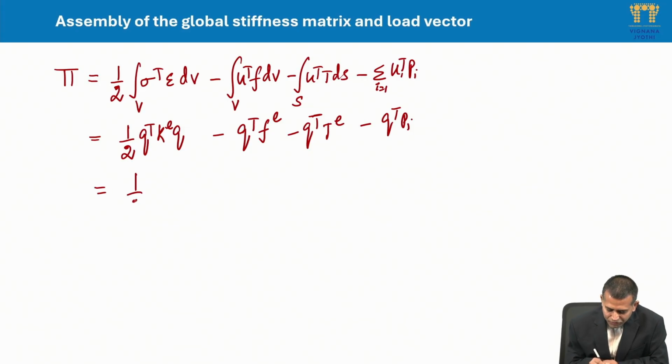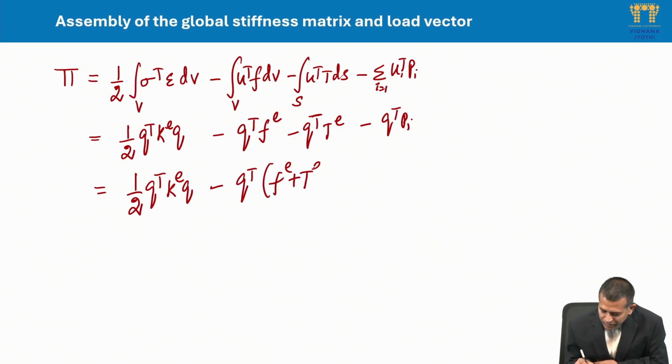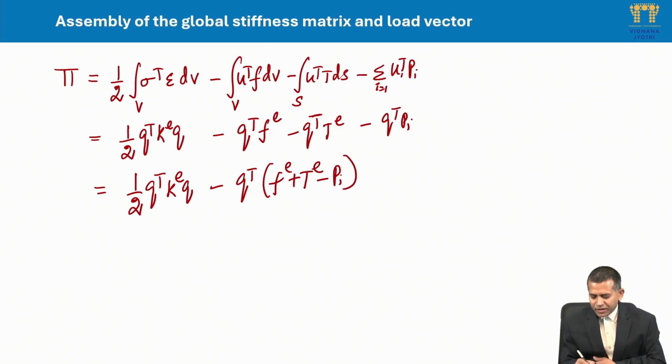So if I write this entire expression, it is half Q transpose Ke Q minus Q transpose of Fe, Te and Pe, where Fe is the body force and Te is your traction force for a given element, and Pe is a point load acting on that element. Generally a point load acts only at the nodes. So this is how I can write the entire potential energy expression in terms of your stiffness matrix and these forces.